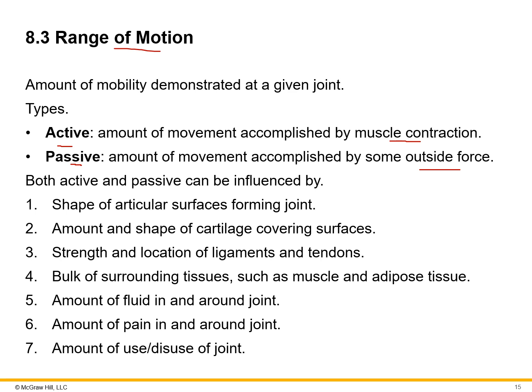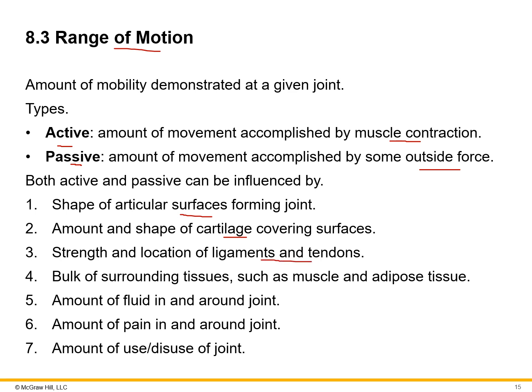So both of these, though, are influenced by a few things. The shape of those articular surfaces, so if the bones get deformed, that can alter that range of motion. The amount and shape of cartilage, so we hear a lot about knee replacements, where the cartilage is completely destroyed. We have bone on bone and that really limits range of motion.